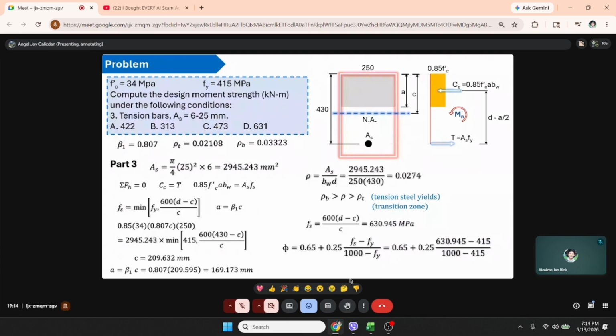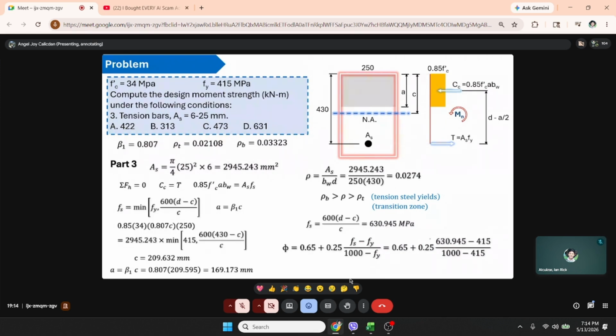And since it is in the transition zone, phi is the formula above, which is 0.65 plus 0.25 Fs minus Fy over 1,000 minus Fy.